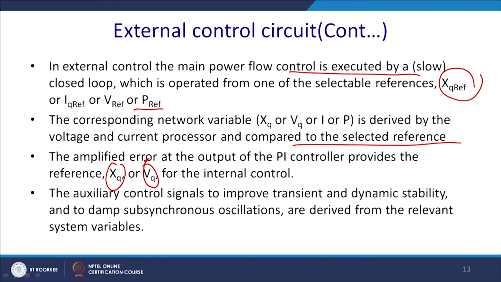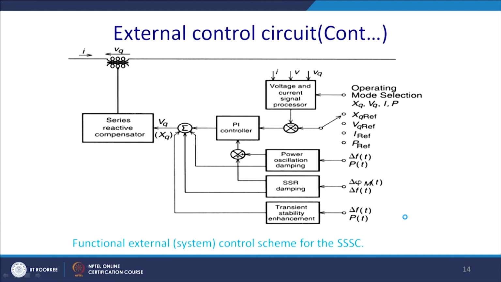The auxiliary control signals are also there to improve the transients, which will be discussed soon, the dynamic stability, and to damp out the subsynchronous oscillations. They are derived from the relevant system variables, that we will see soon. So, this is the overall structure.